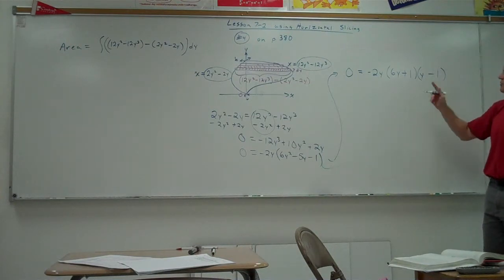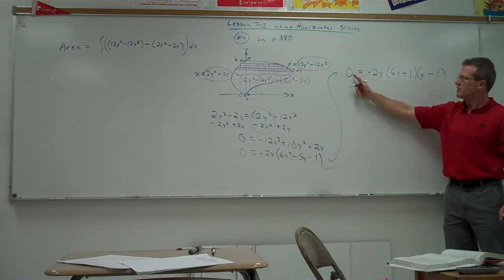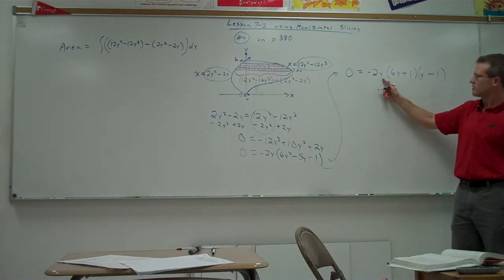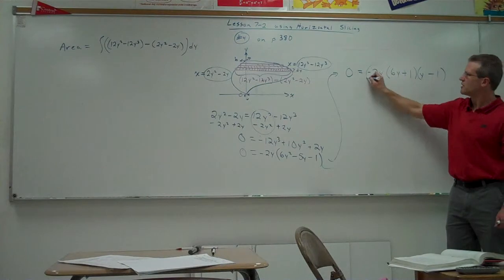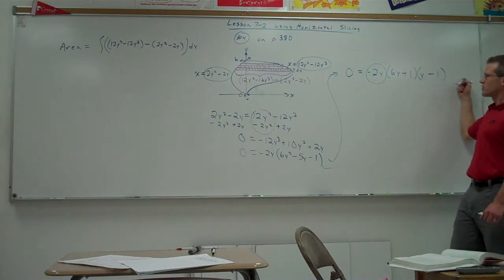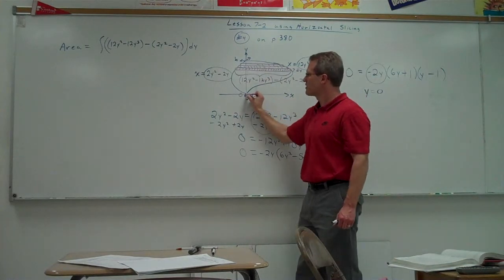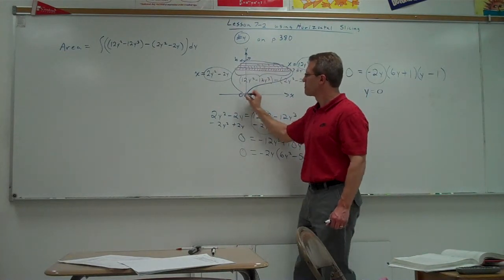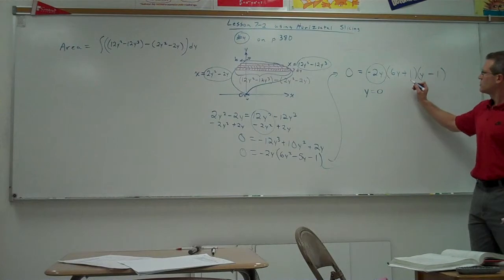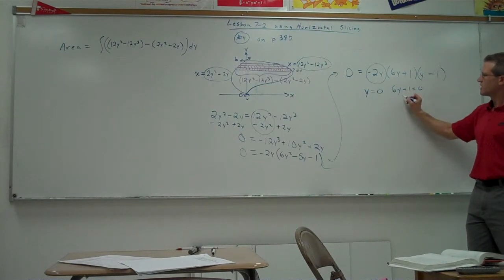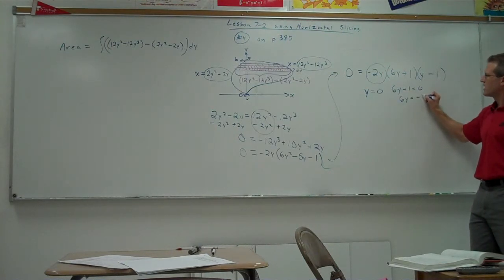So it looks to me like there are 3 y-coordinates where the expression is going to come out to 0. One of them would be at 0, right? If y was equal to 0, then this whole thing would come out to 0. And we see that intersection point right here. That's our lower bound. Our next one would be whatever makes 6y plus 1 equal 0. I subtract 1 from both sides, I get 6y equals negative 1.